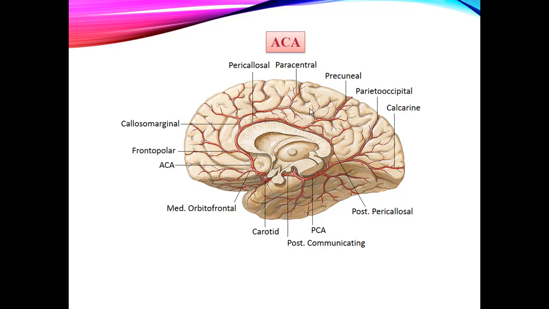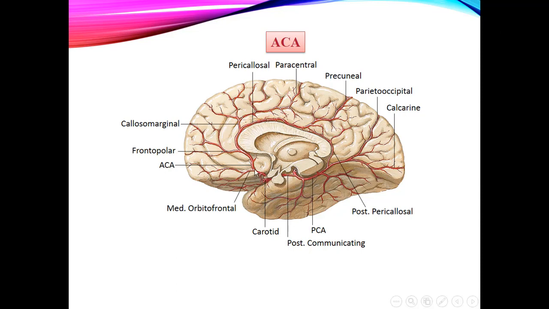So damage to this lobule results in plegia in the opposite side, plegia in the lower limb. And also the posterior part of the paracentral lobule is responsible for sensation or sensory information from the foot.